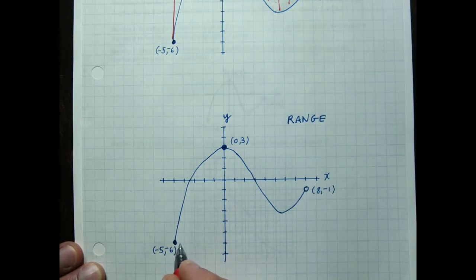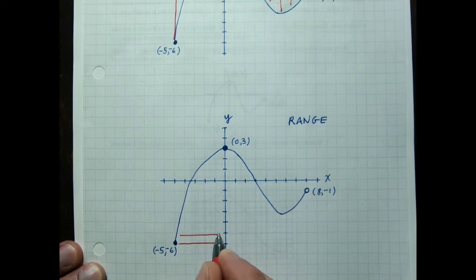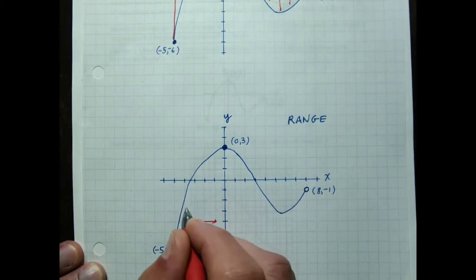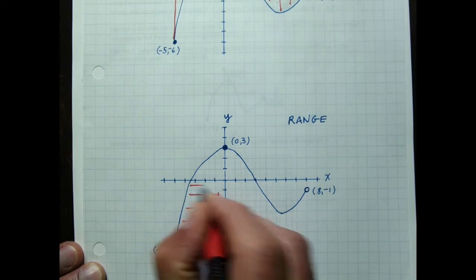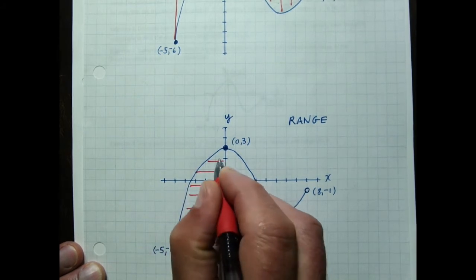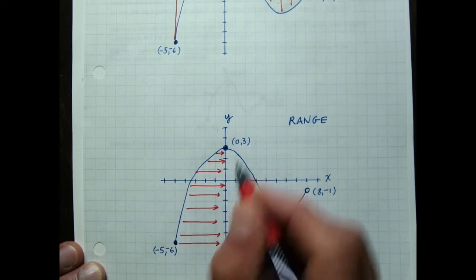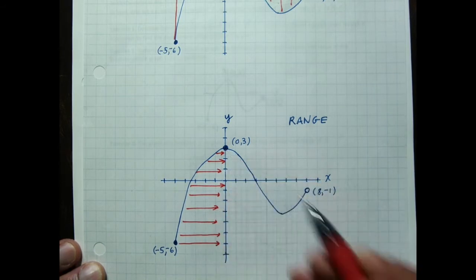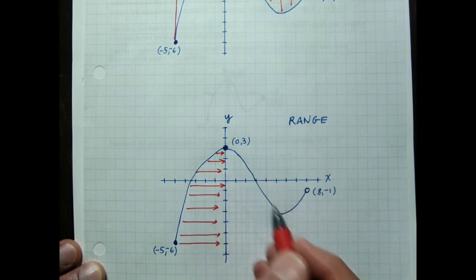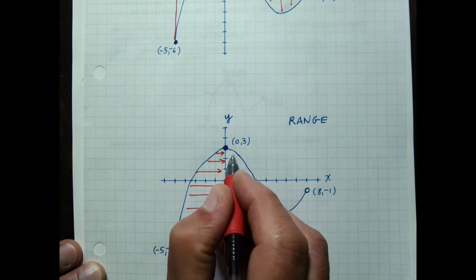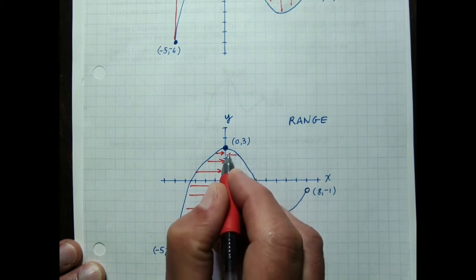So if we're to the left of the y-axis, we have to project to the right, straight across. And if we're on the y-axis, we just stay there. If we're to the right of the y-axis, we project from the right to the left.